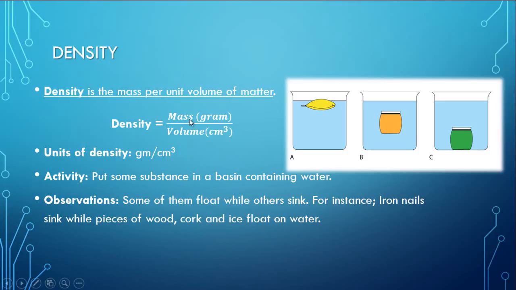But the object in basin A floats on the surface of water. So we can conclude from this activity that some of the objects float while others sink. For instance, the objects that sink are nails, while pieces of wood, cork, and ice float on water.